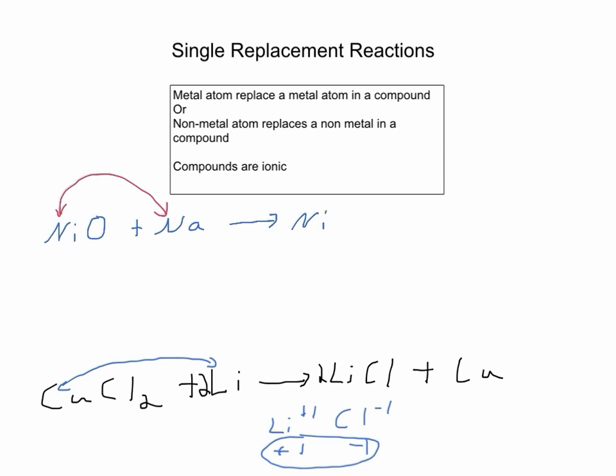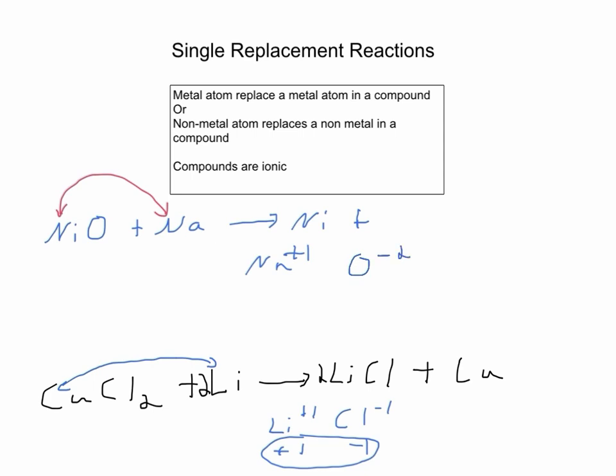And now we need to figure out the compound. So we have sodium ions, which have a +1 charge, and we have the oxide, which has a -2 charge.